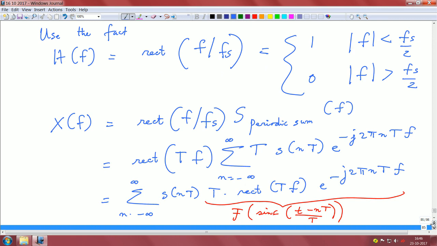So, just, right, and so Fourier transform is linear.